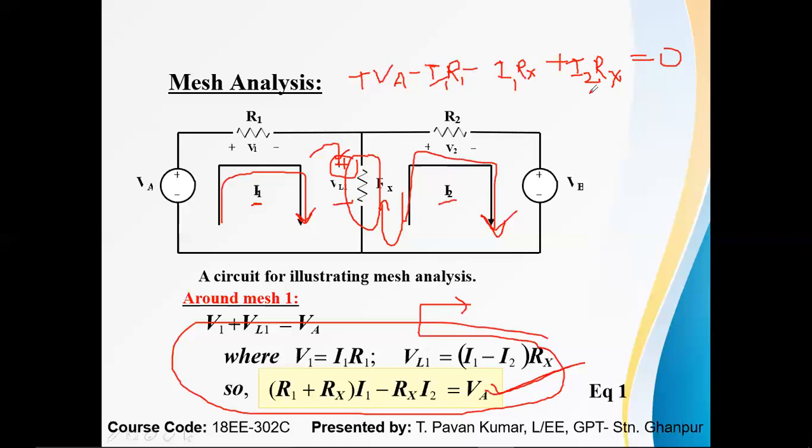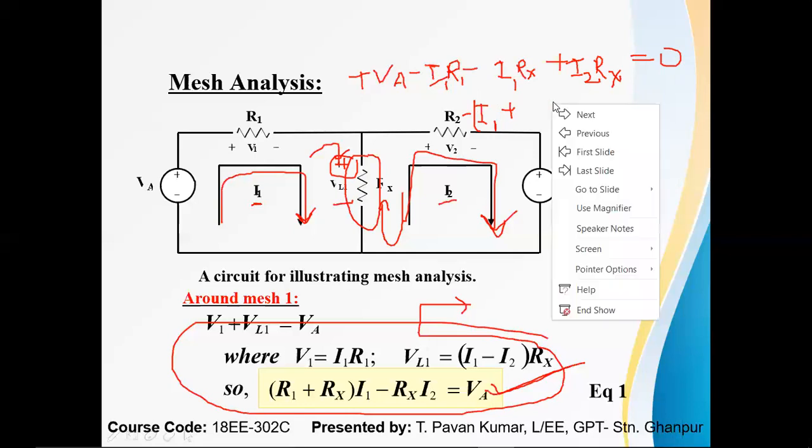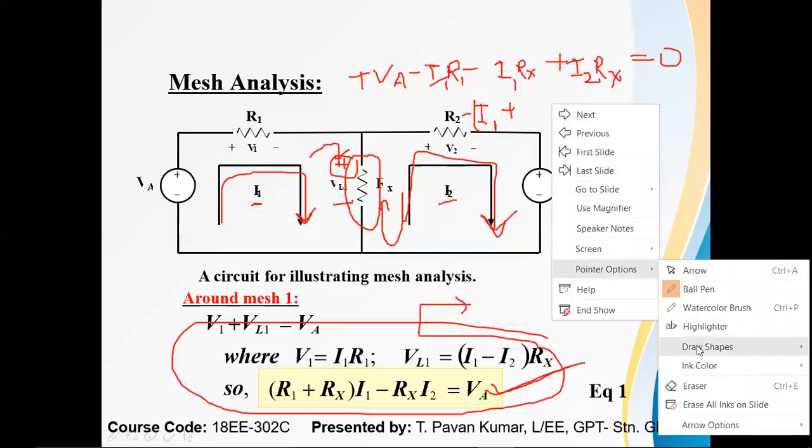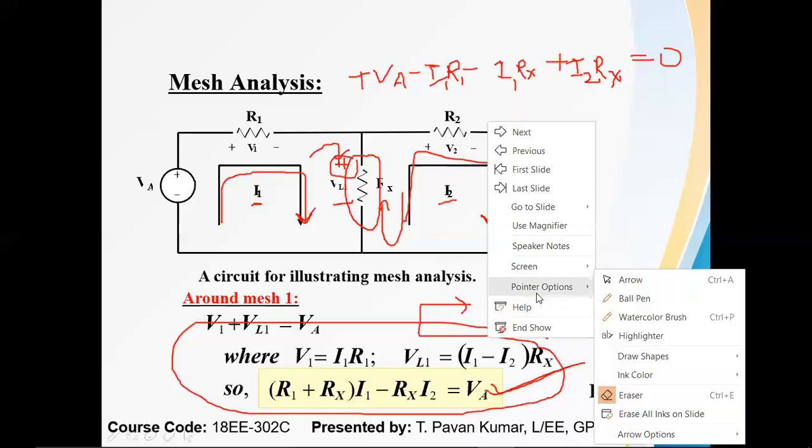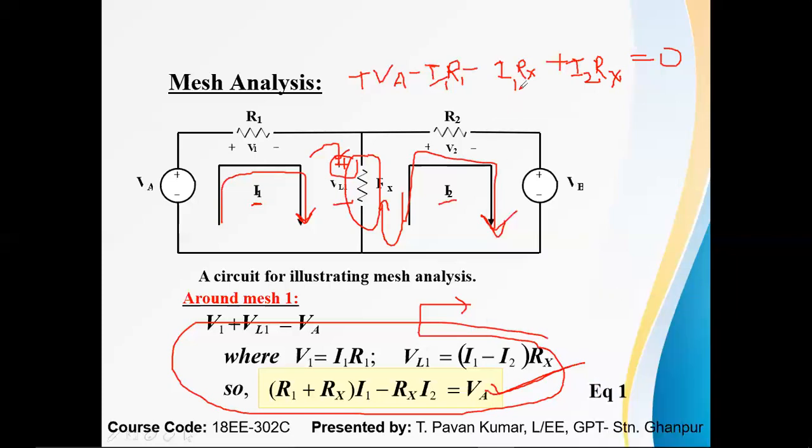So I can write this equation. How can I write it? Take a common factor of I1.